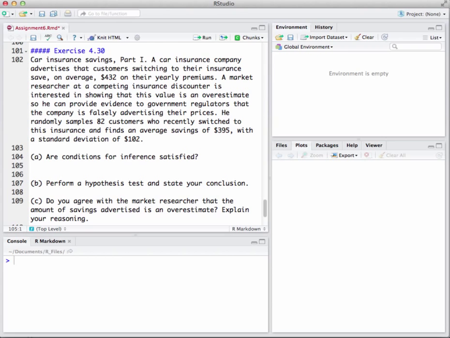Well, the first one that we need to check is independence. Independence is met, we're assuming here, on two bases.